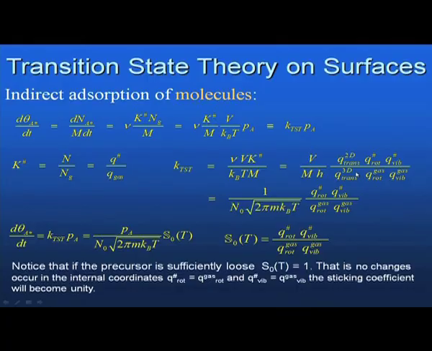So, your expression is this, divided by q translation in 3 dimensions, because it is in the gas phase; it is the partition function corresponding to the gas phase, into q rotation in gas phase, q vibration in gas phase. If we put the respective expressions, you see it is 2D, it is 3D, and we will get this expression.